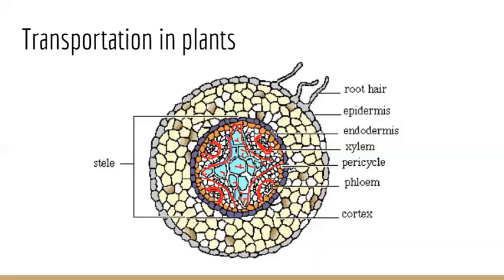And the phloem is responsible for distribution of all the food materials to every single corner of the plant.